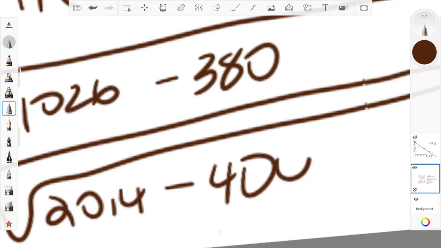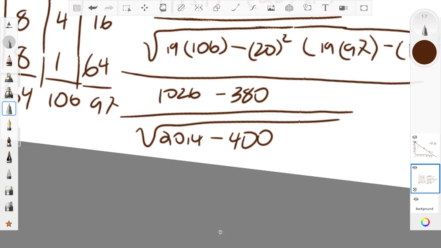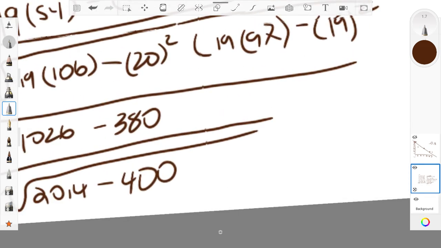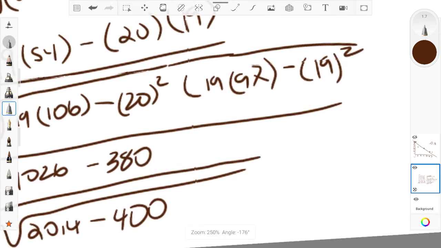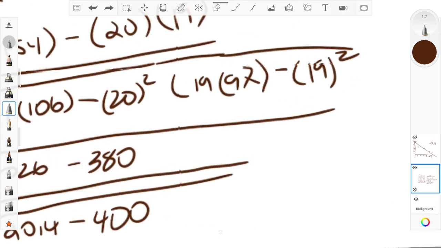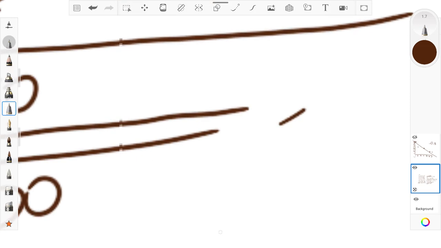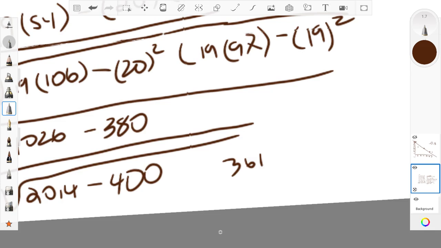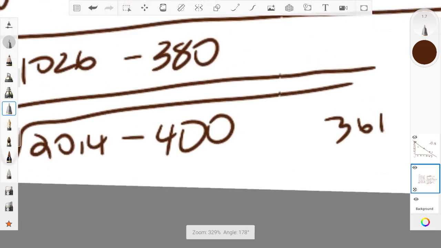I'm doing these out of order just because it doesn't matter mathematically, but you should do PEMDAS, which I'll do now just to correct myself. 19 squared is 361. 19 times 97 is 1843.